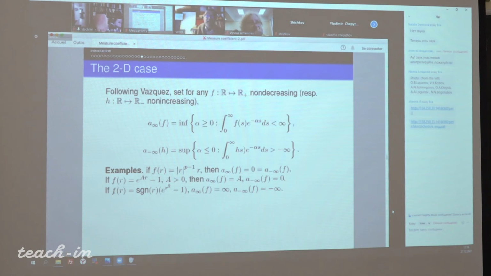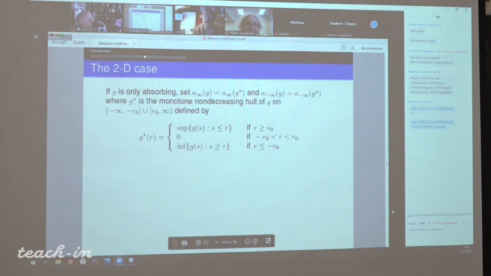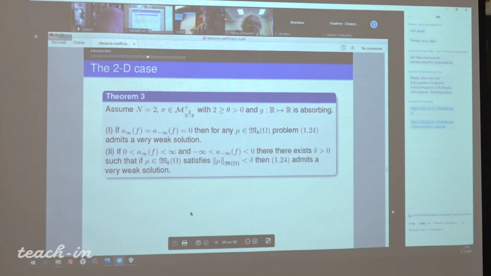Now, if f of r is sine of r times exponential of r squared minus 1, then A infinity of f is plus infinity, and A minus infinity of f is minus infinity. So these are examples. And when f is non-decreasing, we define this here. You can extend this, but I think it's just a technical story.